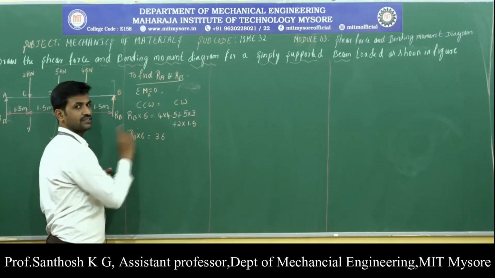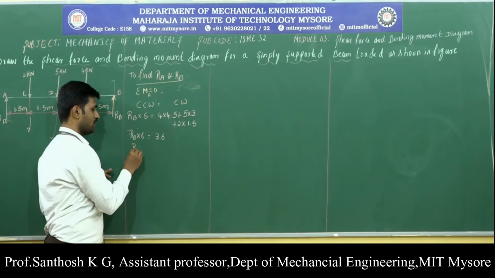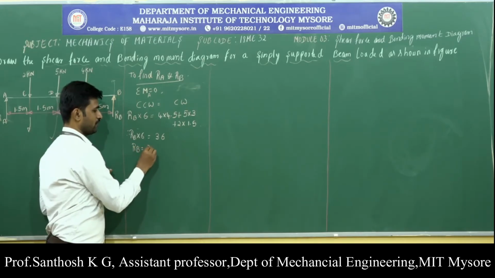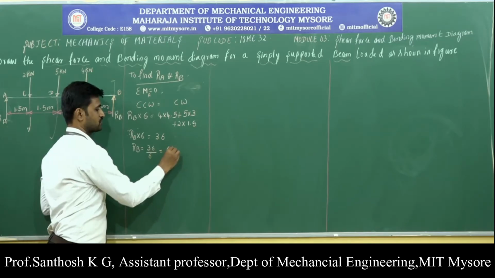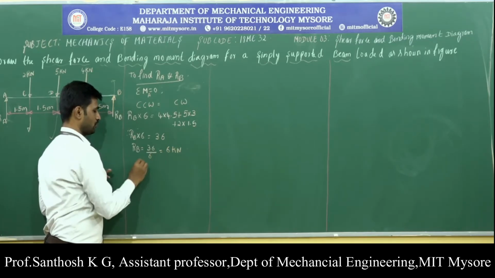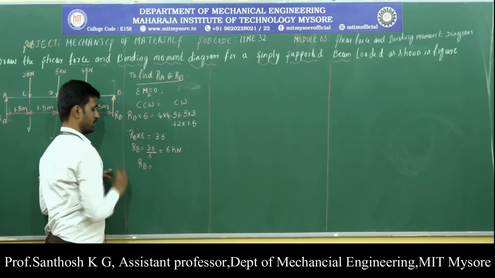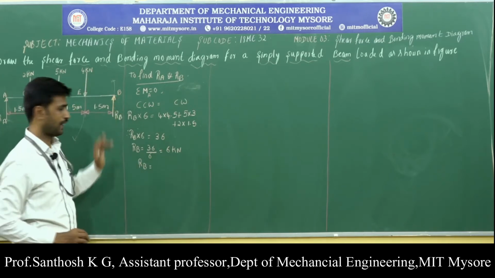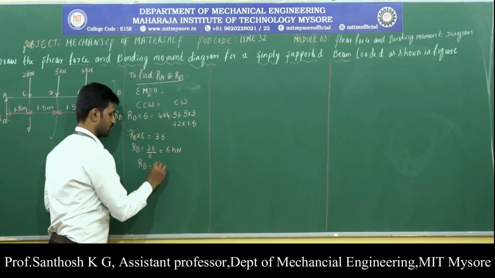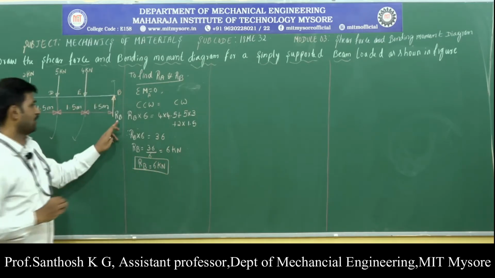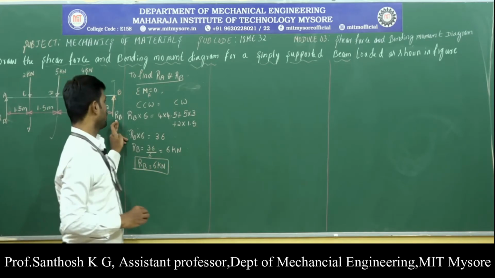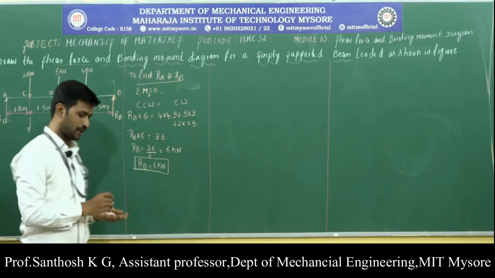So RB into 6 equals 36, or the value of RB equals 36 divided by 6, which is 6 kilonewton. So the reaction developed at point B is equal to 6 kilonewton.